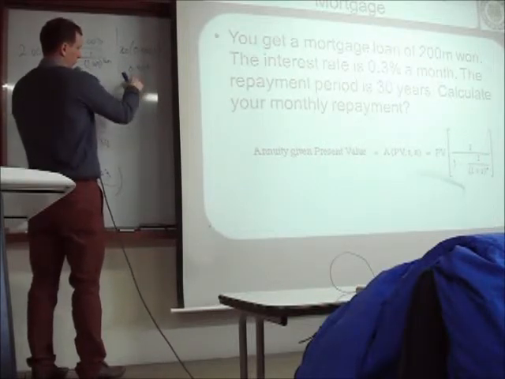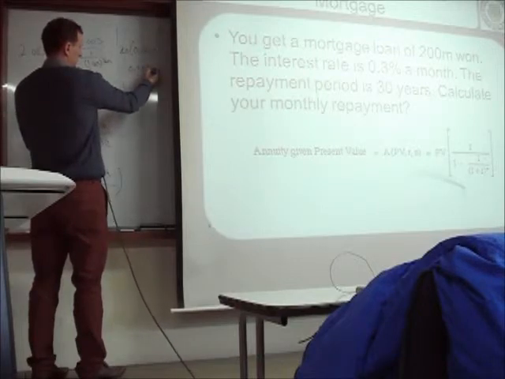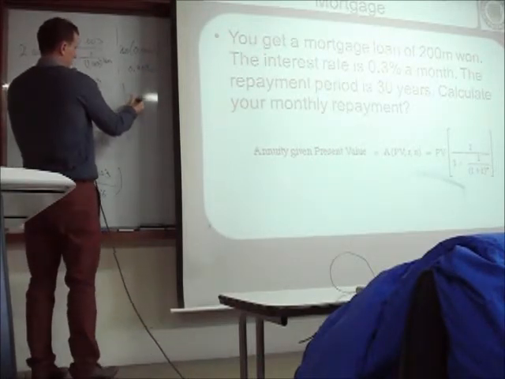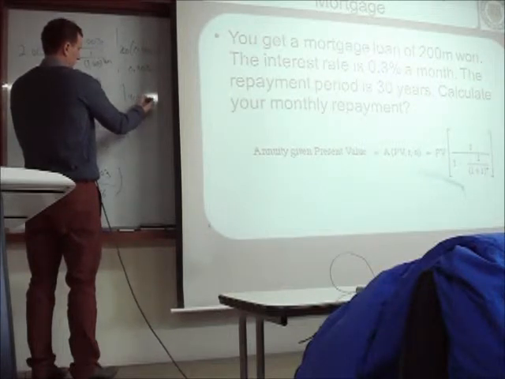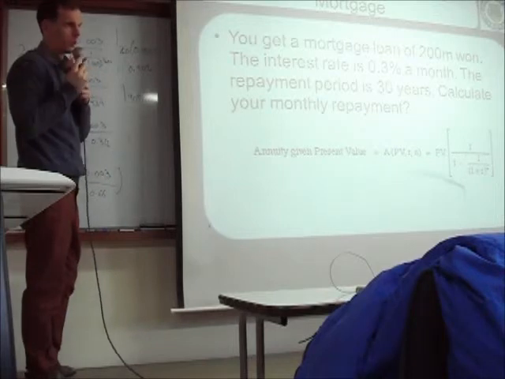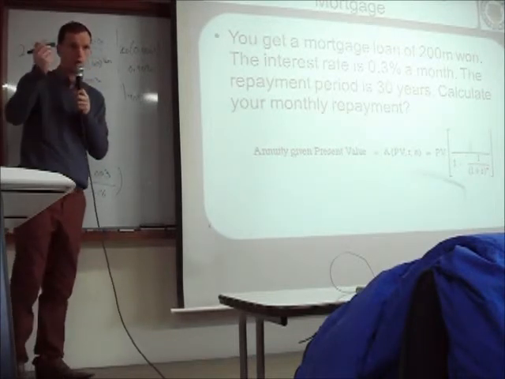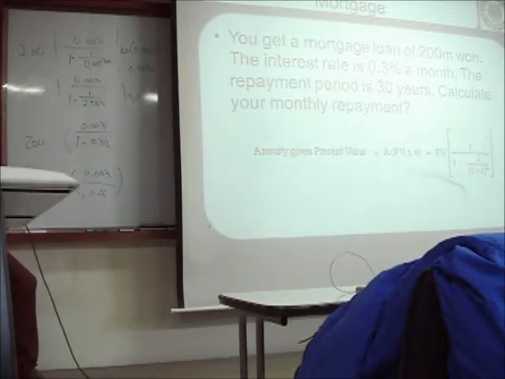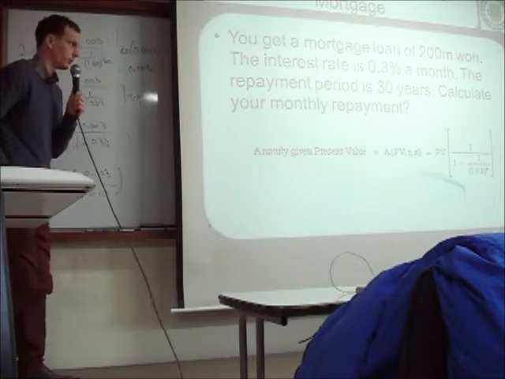0.909. So we have to pay 0.909 million won a month. Okay? That's 909,000 won a month. Nearly a million won, right? A month for our mortgage. So we made that calculation. Now we know how much we need to pay every month. Okay? So it's useful.